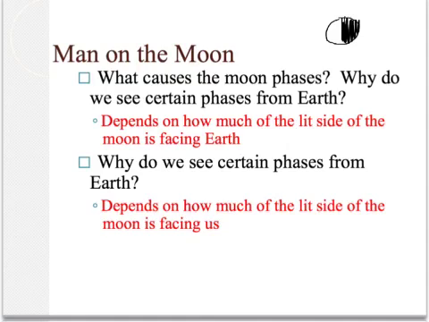So, which of that lit half is facing us determines the moon phases. Why do we see certain phases from Earth? Oh, I guess that's redundant there. It depends on how much of the lit side of the moon is facing Earth. So it's on there twice. You can copy this or this.